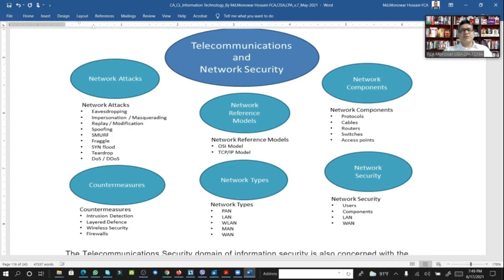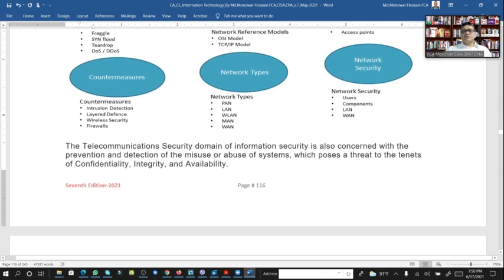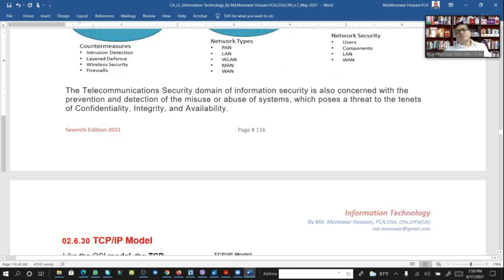Network refers to the modem, OSI, TCP/IP model, and network types we know: LAN, WAN, MAN, and network security, user and LAN security. Network components are protocol, cable, router, switch, access, etc. So the telecommunication security domain of information security is also connected with the prevention and detection of misuse of adversarial systems, which pose a threat to confidentiality, integrity, and availability.